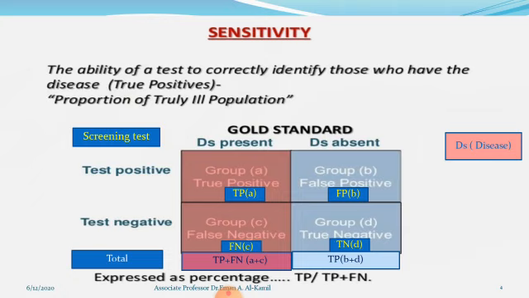For example, if we want to assess the ability of a doctor in diagnosing anemia among pregnant women, this is regarded as a screening test, and we compare it with a gold standard test, which is, for example, the level of hemoglobin.